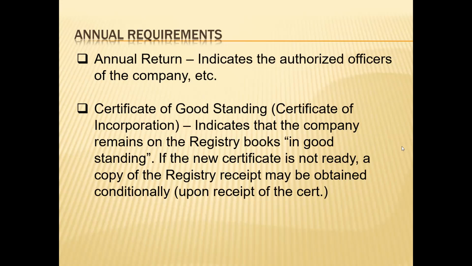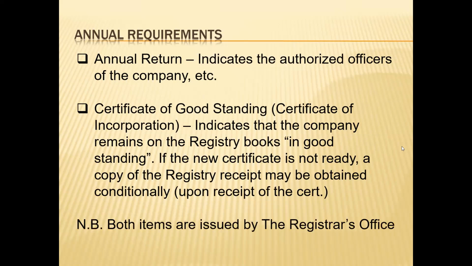So this indicates that the company remains on the registry's books in good standing. If the new certificate is not ready, a copy of the registry seat may be obtained conditionally upon receipt of the certificate. Both of these items are issued by the Registrar General's office. So again, the certificate of good standing is for a company that's been in business for over a year.